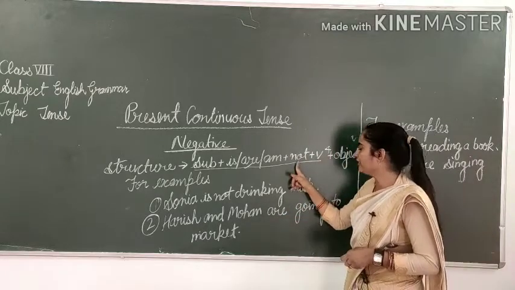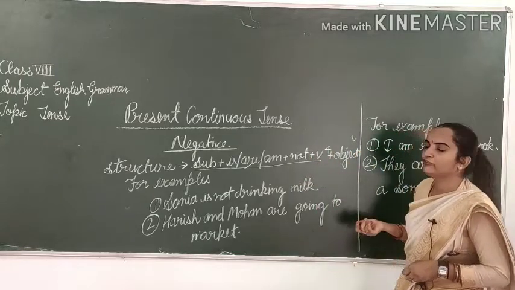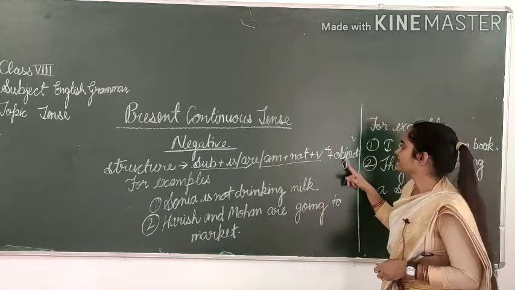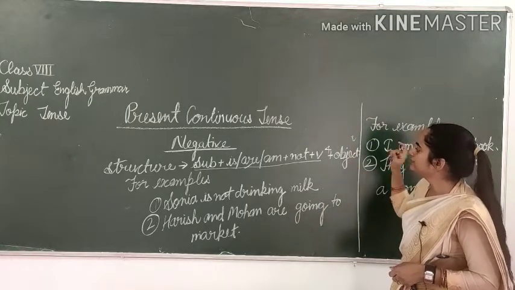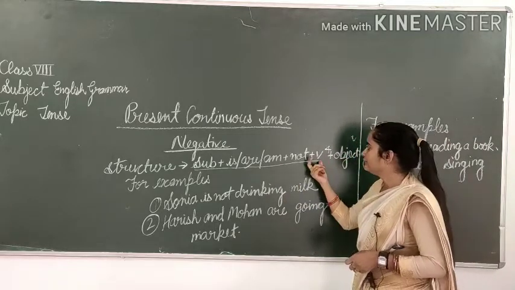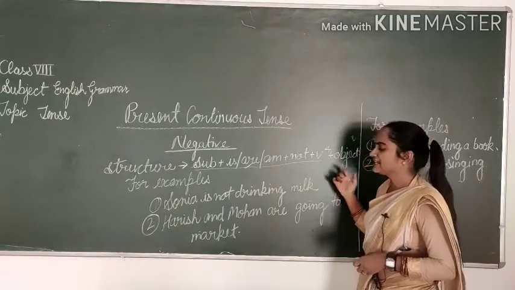Then after not, and then V4 means verb form with ing, and then after object according to the verb of the sentence.